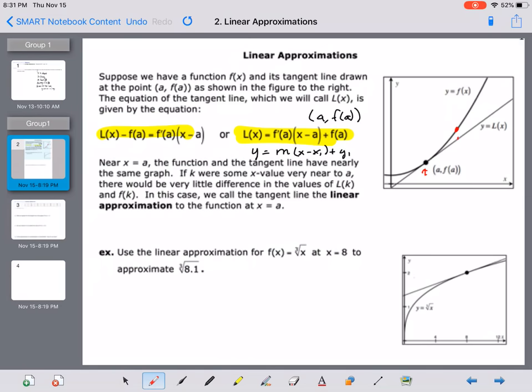I can use my tangent line to estimate what my f of x is going to be. So I can plug in that point, let's call it C. I can use L of C to estimate what f of C is, okay, what the y value is.